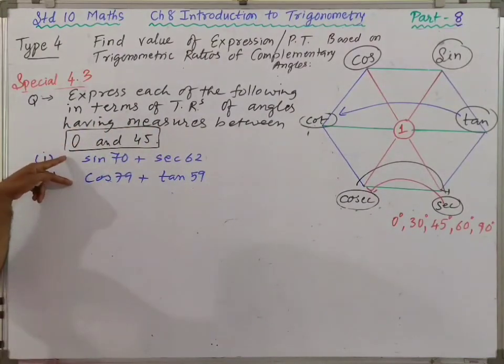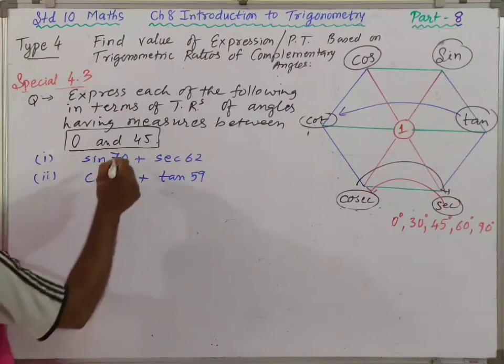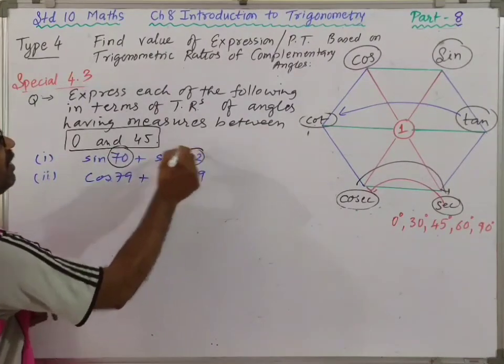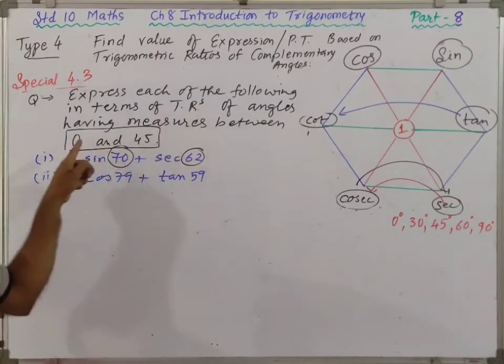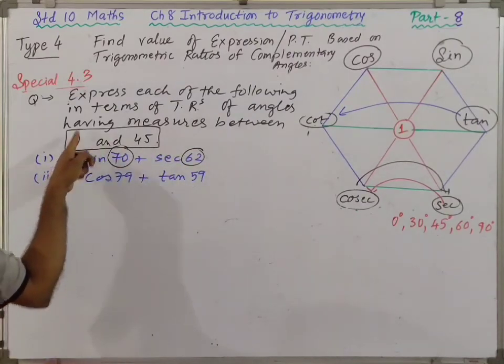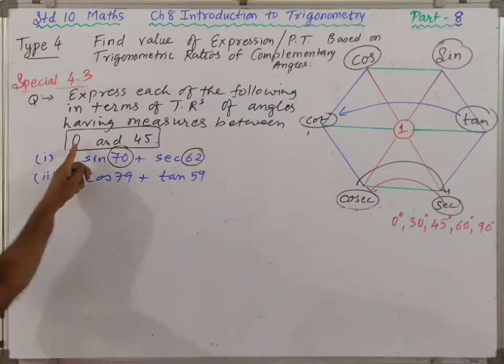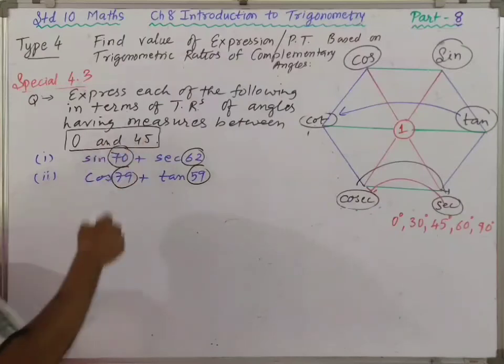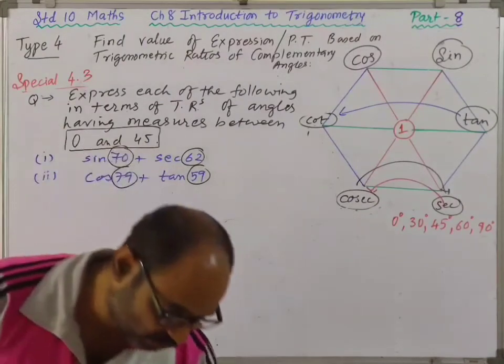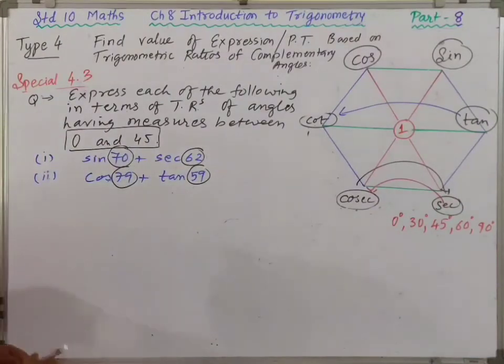Can you see the two expressions given? See the measures of angles 70 and 62. But we will have to express these measures in the form between 0 and 45. See these angles? They are not between 0 and 45. We have to transform. We have to express in that form.